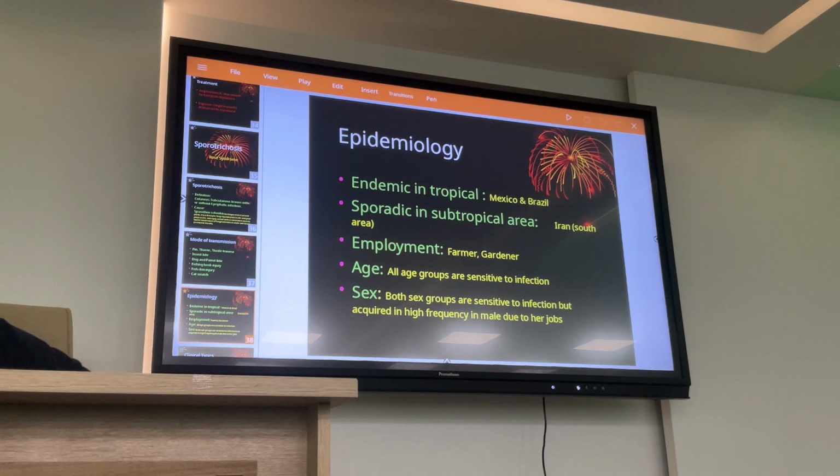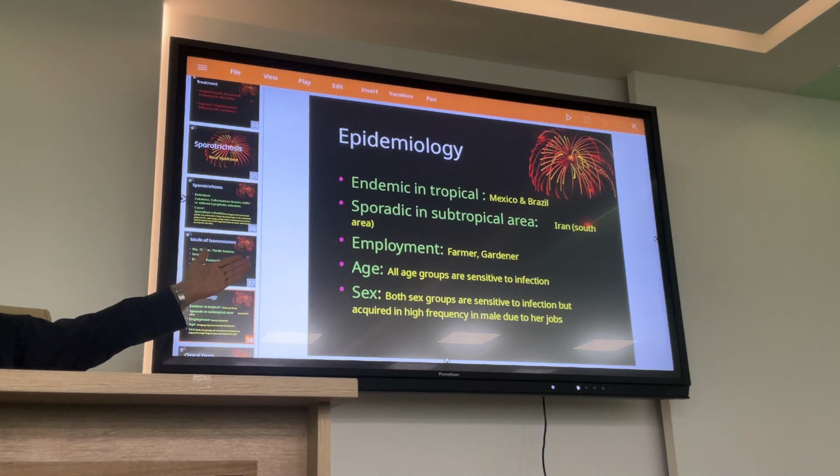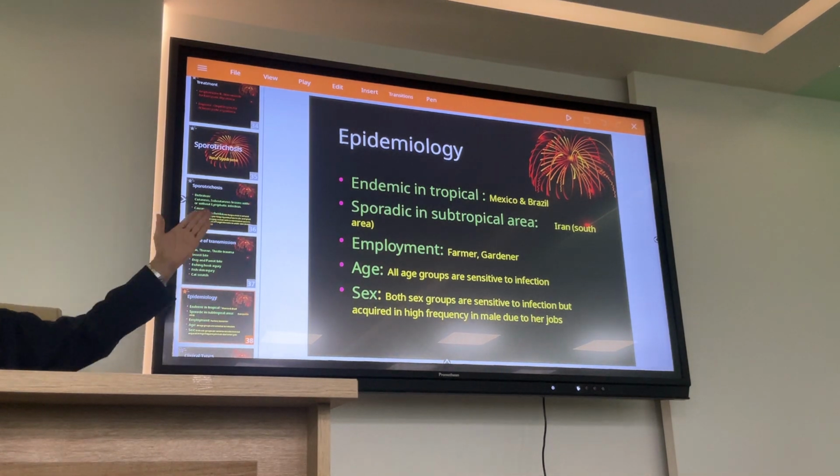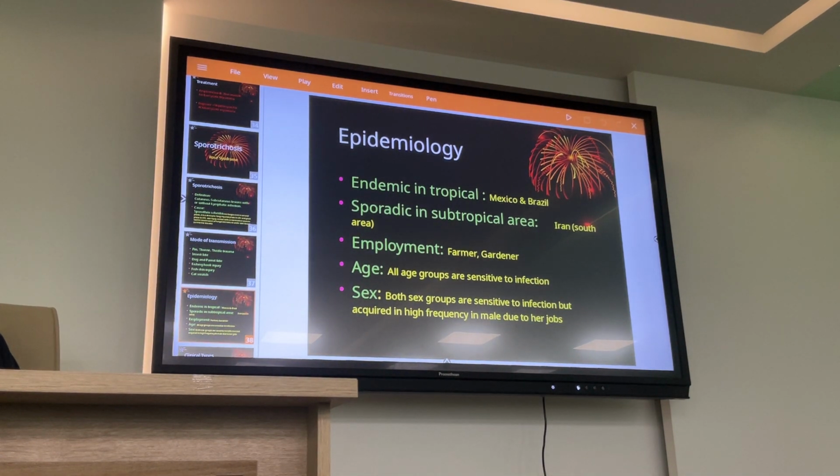Like mycetoma, we have some countries that show a high frequency of disease. In some countries, like Mexico and Brazil, you see a high frequency of infection as an endemic area.